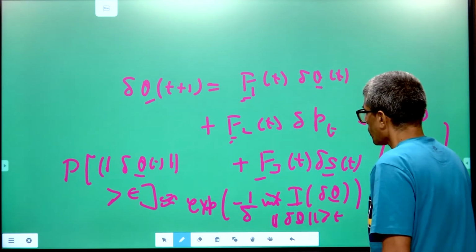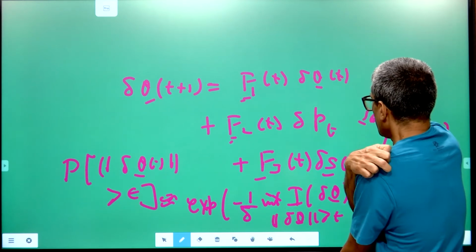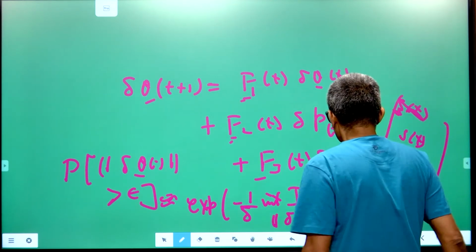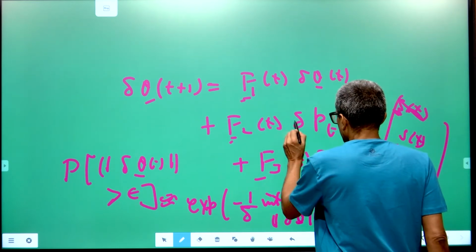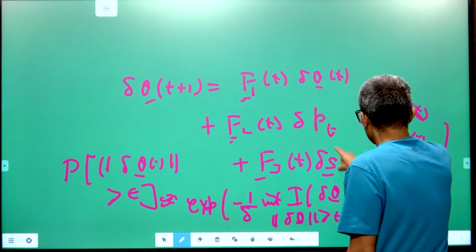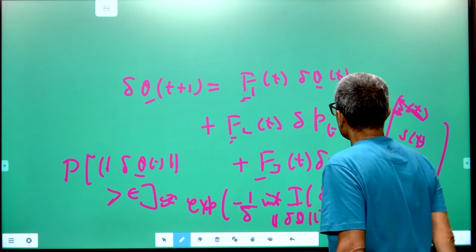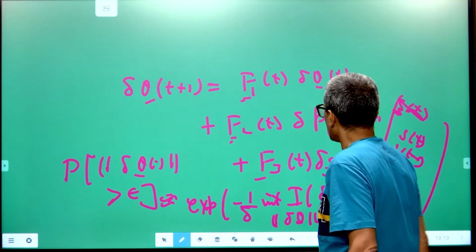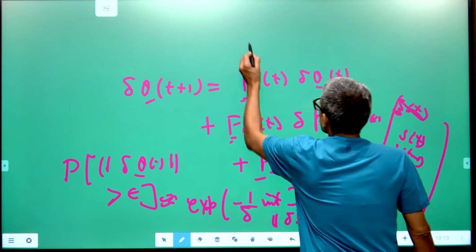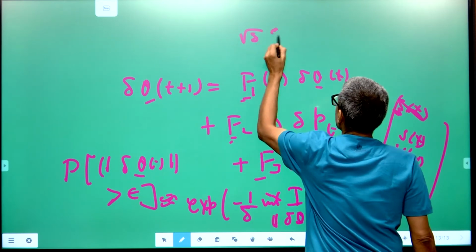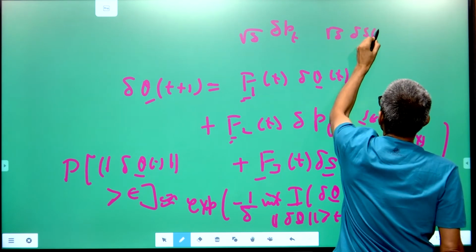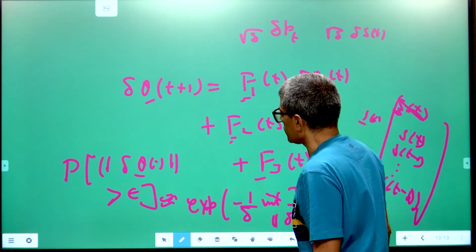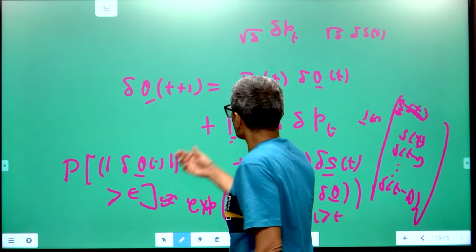So you are looking at a family of densities. Delta appears in delta st in these measurement errors, also in delta pt, and you get the rate function of delta pt and delta st after taking this parameter into account. For example, if delta pt is a Gaussian process, you will put a root delta into delta pt, you will put a root delta into delta st, and you will compute the large deviation rate function for these processes.